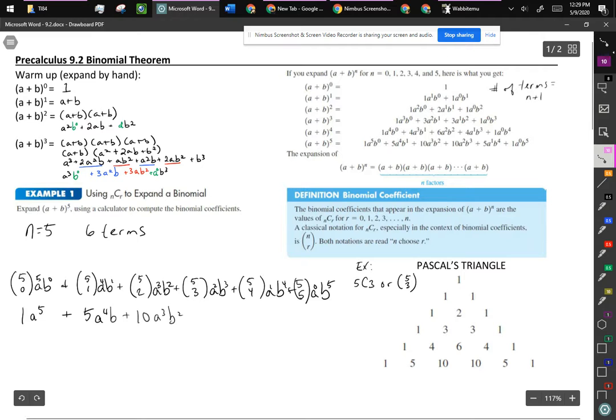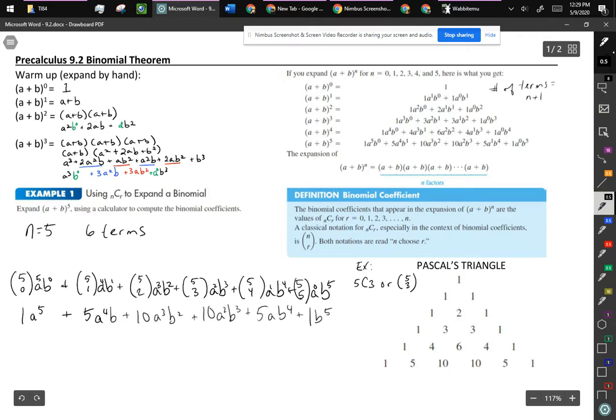So then on this side, it would just mirror the left side in terms of the coefficient. It'd be 5, AB to the 4th, and then plus 1, B to the 5th. And that would be your full expansion.